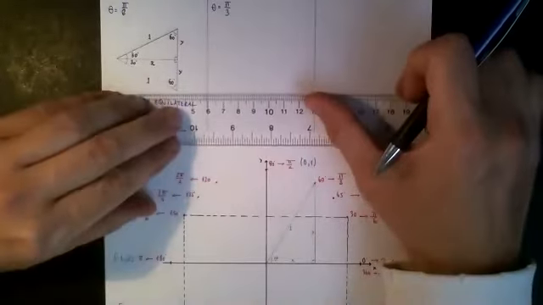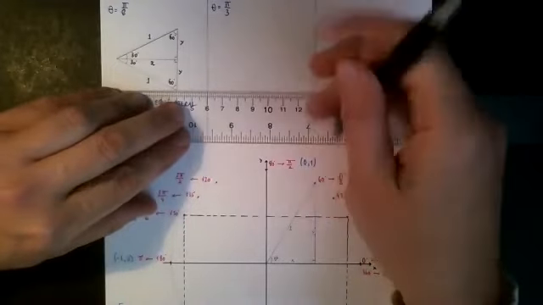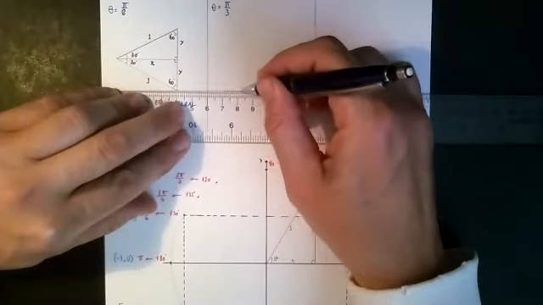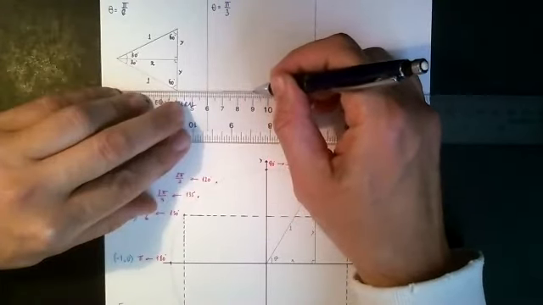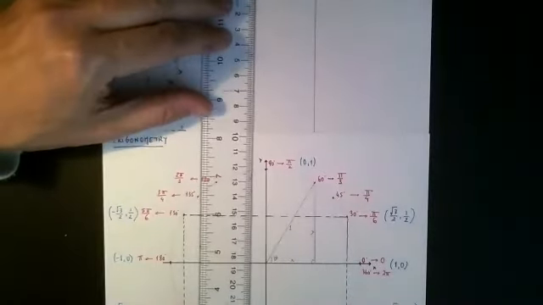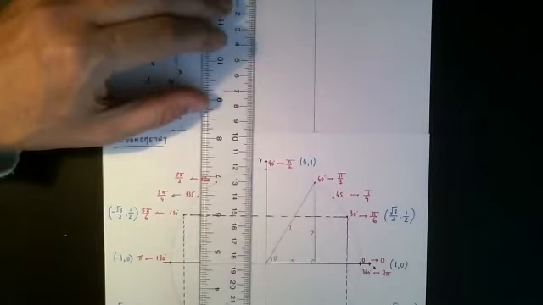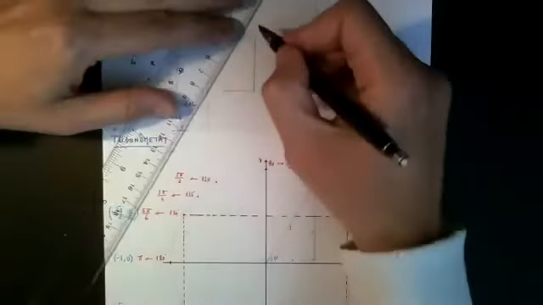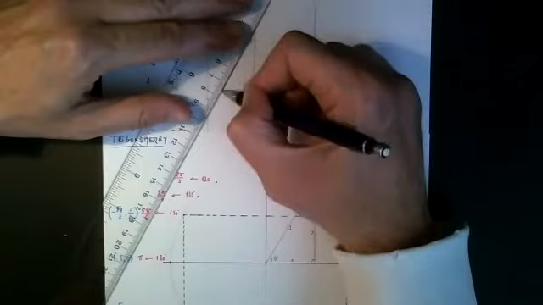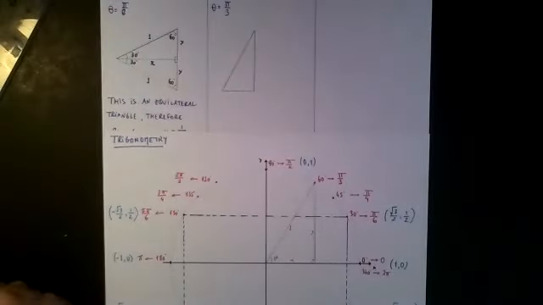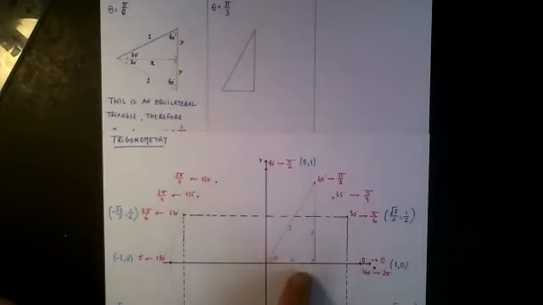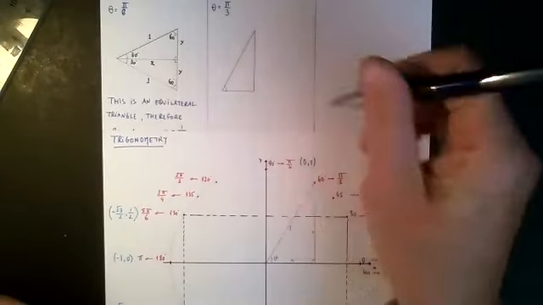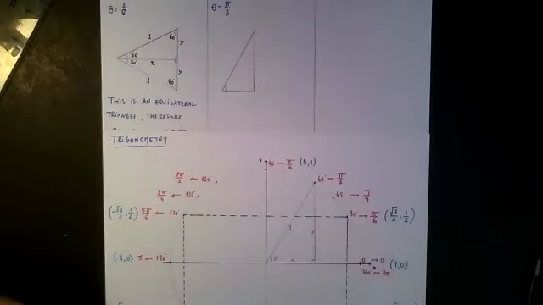Let's go. I'm going to redraw this triangle here. Okay, so this is a triangle I'm drawing. Again, let's put the values that I know.